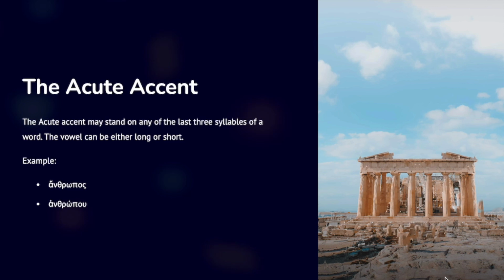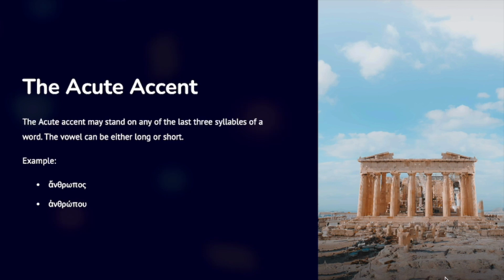If the last syllable, that is the ultima, is long, meaning it has a long vowel or a diphthong, except, remember, omicron iota or alpha iota, if it has any other diphthong or any other long vowel, it carries more weight and it does not let the acute accent go back as far toward the beginning as it wants to be.